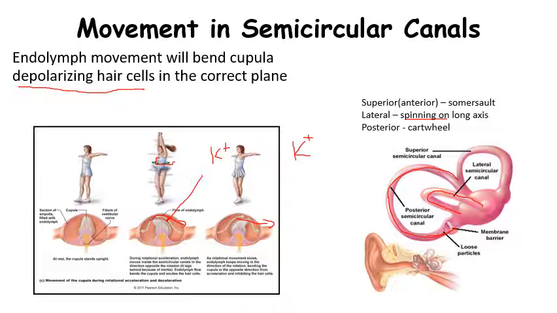So we can get different planes of movement with the different canals. Some movements may be partial lateral, partial superior. Depends on the movement and what's going on. But the brain's getting that information and it can recognize, hey, where's the body, where's the movement of the body taking place, and can keep you in equilibrium, keep you from falling, basically giving you that balance.